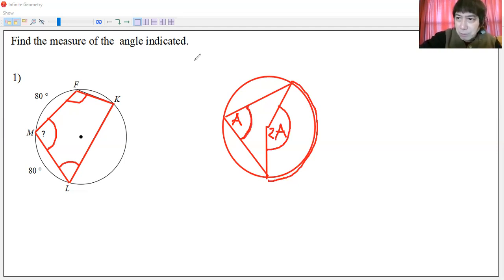Take note, the inscribed angle and the central angle subtend the same arc. So 1/2 of the arc is the measure of the inscribed angle. That'll be a little concept about the inscribed angle.